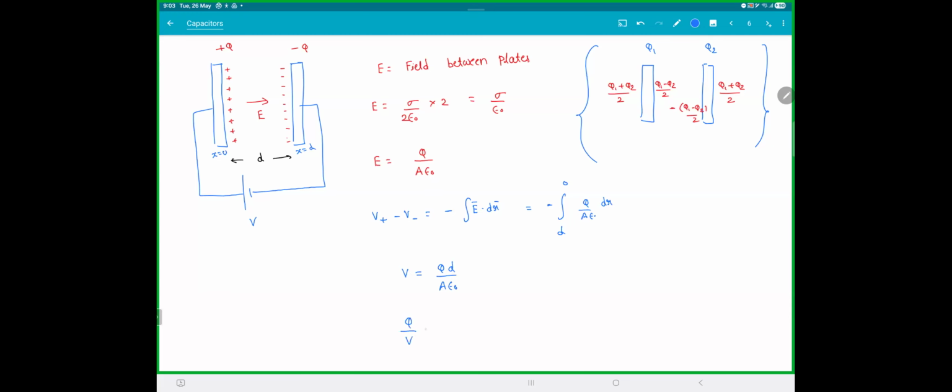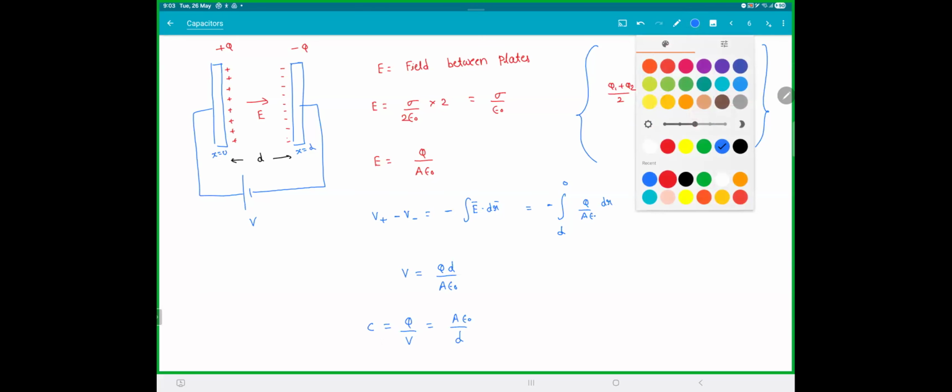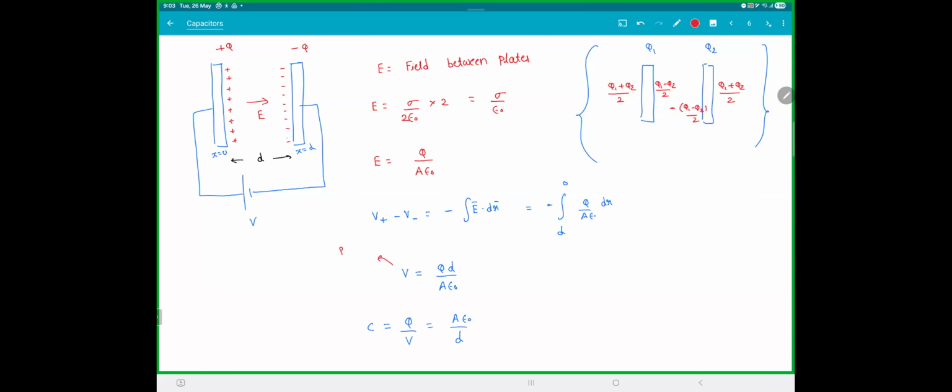And if you write Q by V, it is A epsilon by D, and if you remember, Q by V is nothing but capacitance. This V is your potential difference because of the battery.